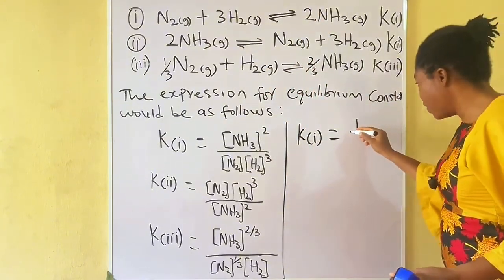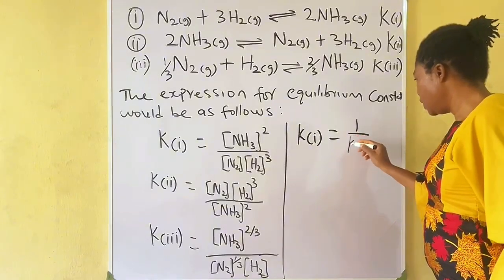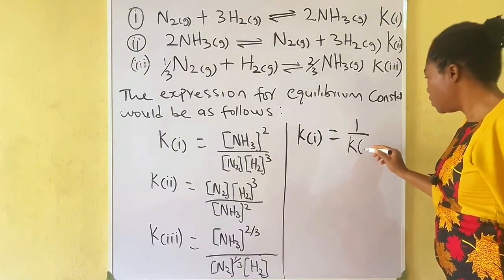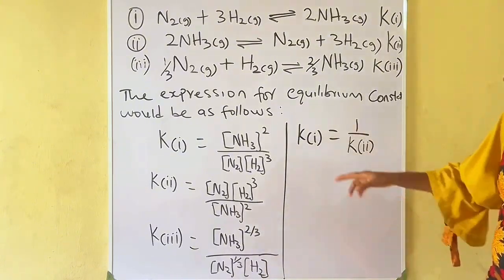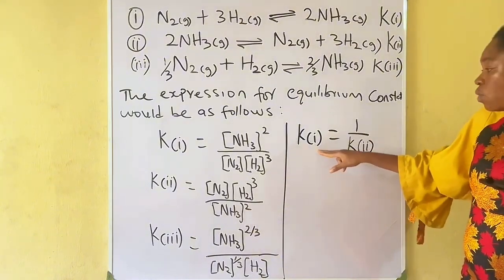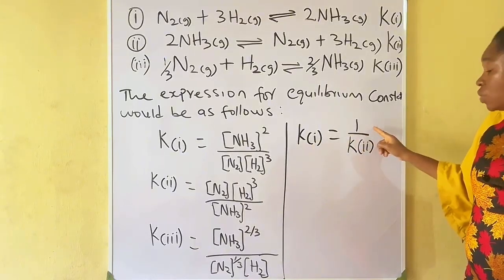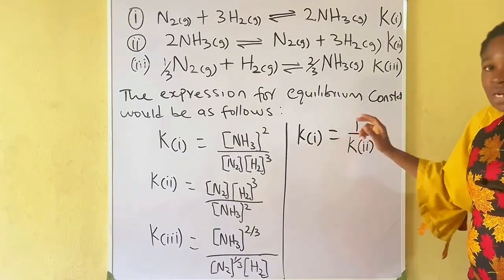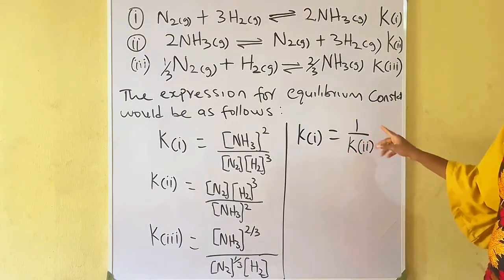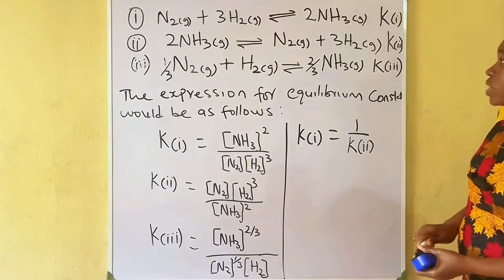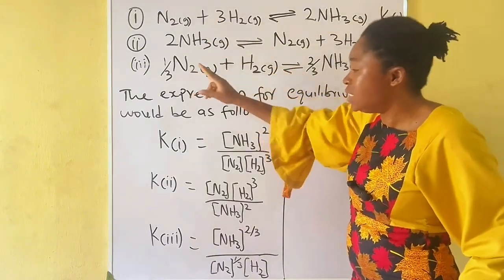So it will be 1 over the equilibrium constant K2. Equation 1 and equation 2 are related: when you reverse equation 2, it will give you equation 1. So equation 1 is the inverse of equation 2.